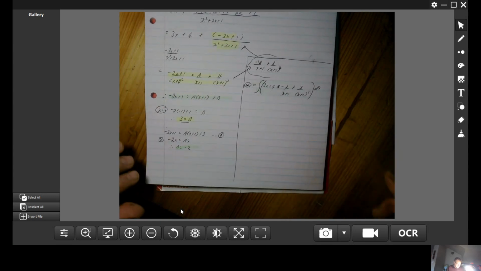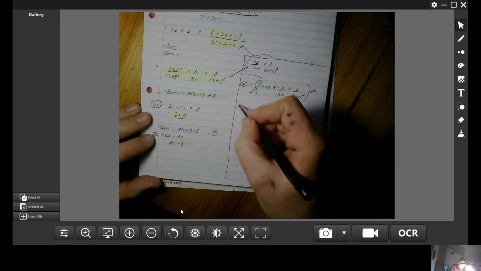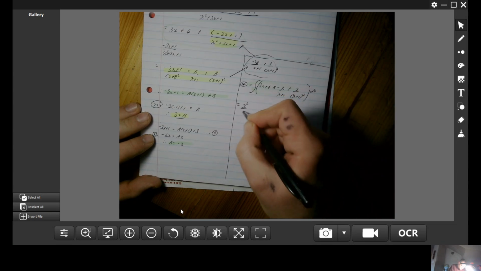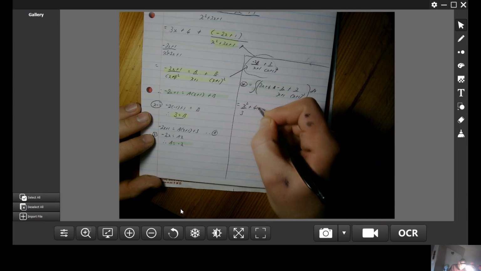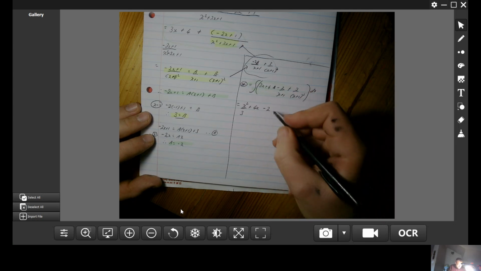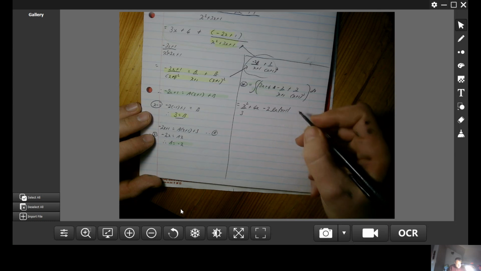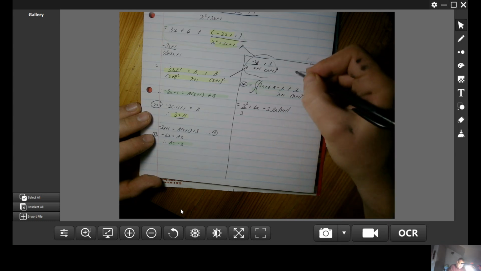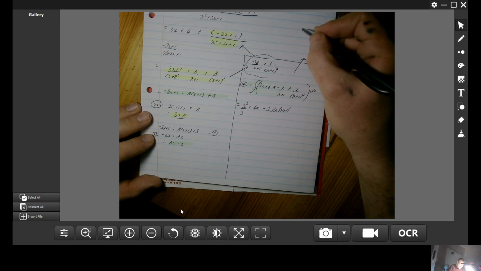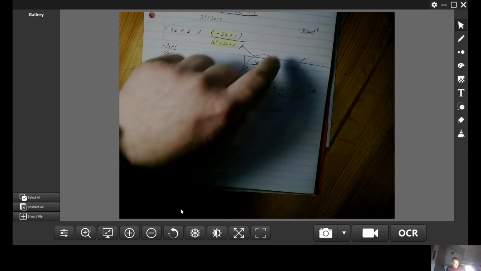So now I've just got to go integrate this part over here. I hope I haven't made any careless mistakes, by the way. So if I integrate that, the integral of 3x is going to be x squared over 3 plus 4x minus 2 times 1 over x plus 1, which is ln of the absolute value of x plus 1. Okay, here I'm just going to do a little bit of cheating. It's going to become 3 times x plus 1 to the minus 2.